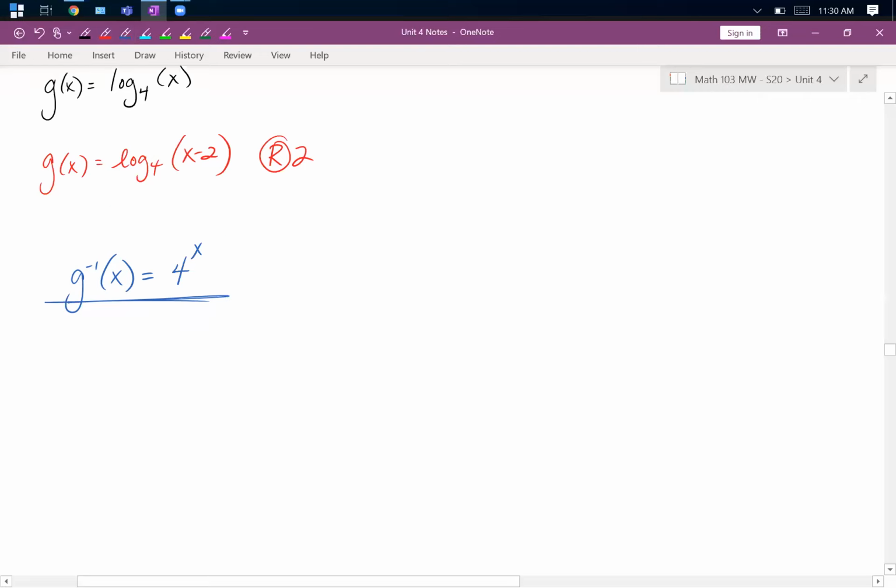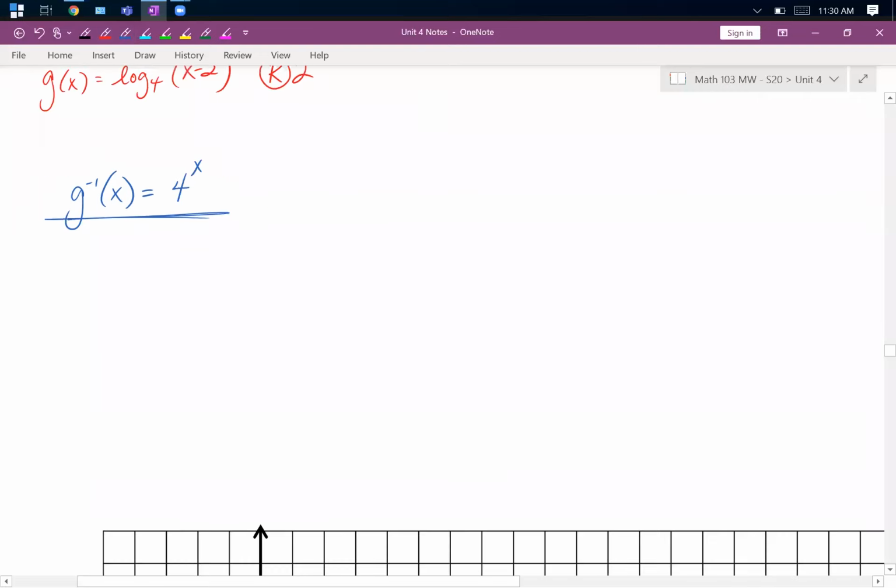All right, so now we need to get some points for this exponential inverse. Making an XY chart using x values of -1, 0, 1, and 2. And then we find the corresponding y values. 4 to the -1st is 1/4. 4 to the 0 is 1. 4 to the 1st is 4. 4 squared is 16.